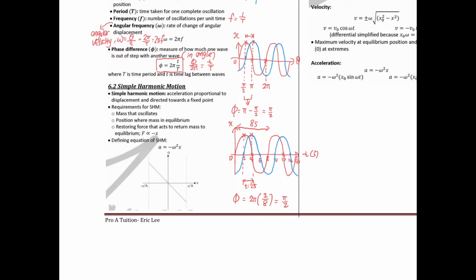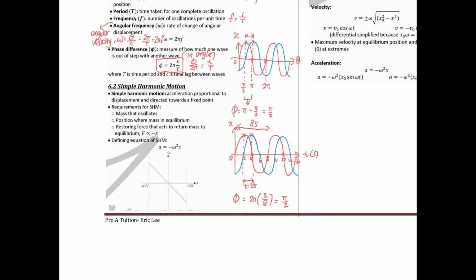So where T is the time period and small t is time lag between wave. Time lag means the difference in time. You choose two corresponding times and minus, then you can get the time lag.